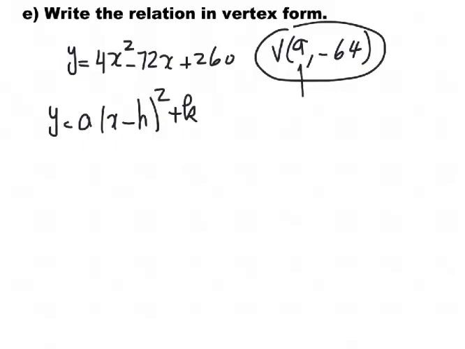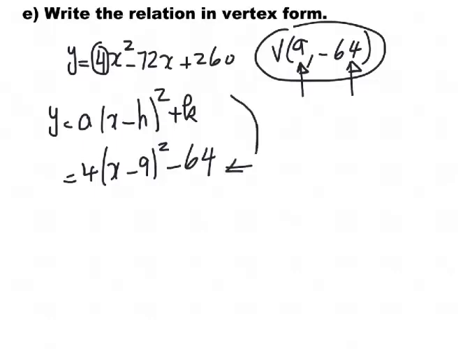My h is 9, my k is negative 64, and the a is 4. So I get 4 times x minus 9 squared minus 64. Now you can always expand this and check it against the original to see if it gives you the same equation.